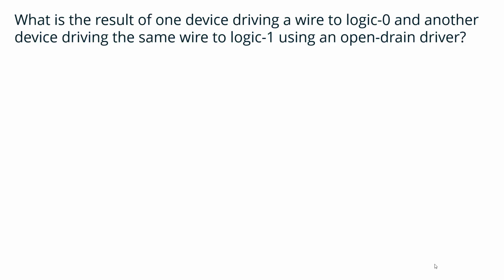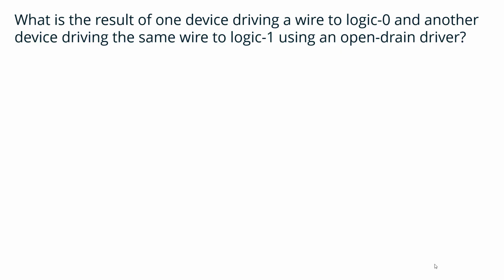What's the result of one device driving a wire logic 0, another device driving the same wire logic 1 using open drain? Okay, now this is open drain where we now have a conflict, right? But it's a little misleading to say one device driving a wire to logic 1, because if you want to set the wire to logic 1, you don't really do anything. You just let it go, right?